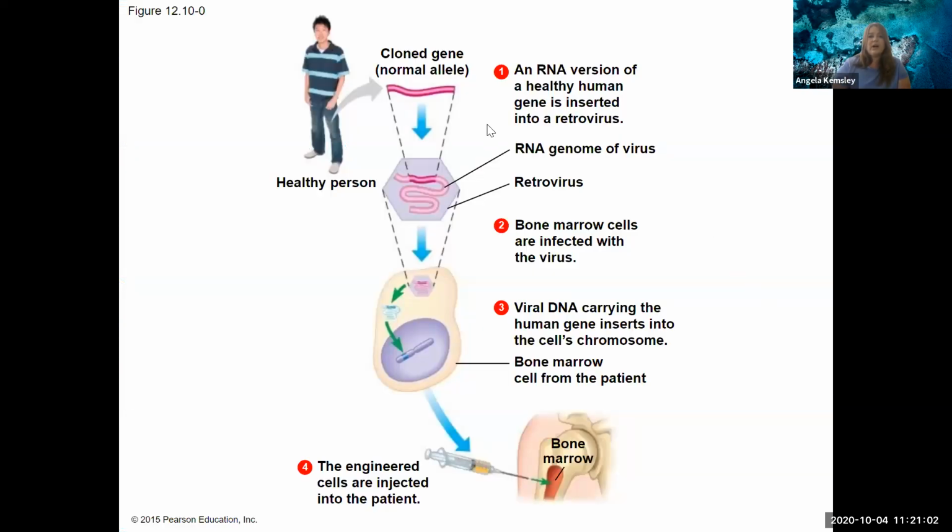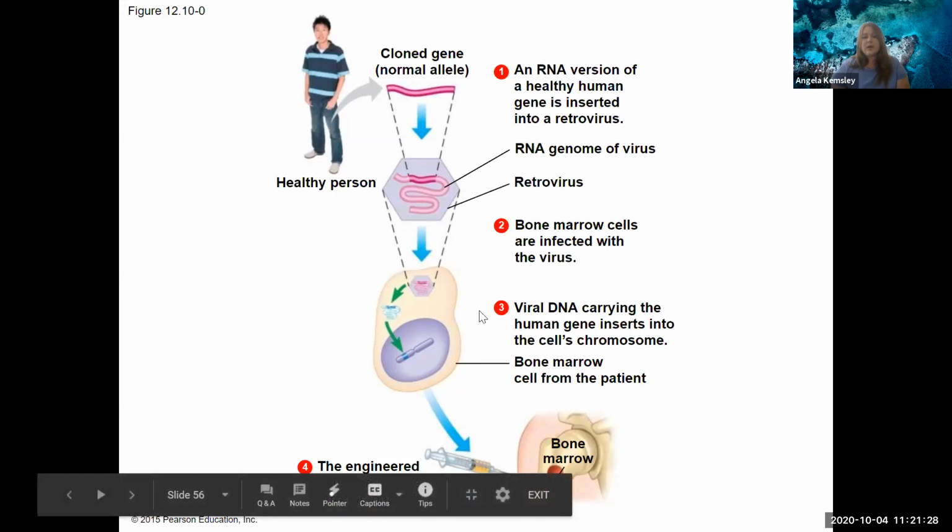So we've got a healthy person here. We clone one of their genes, a normal allele. An RNA version of a healthy human gene is inserted into a retrovirus, that harmless virus. So here's the RNA genome of the virus. There's the retrovirus. Bone marrow cells are infected with the virus. The viral DNA carrying the human gene inserts into the cell's chromosome. This is the bone marrow from the patient.